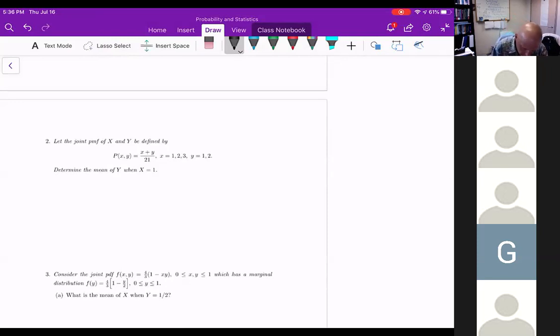And so this is asking for the expected value of y given that x is 1, which by definition is the sum of y going from 1 to 2, and that's because that is the support of y. It doesn't depend on x like the previous problem, of y times the probability of y given that x is 1.